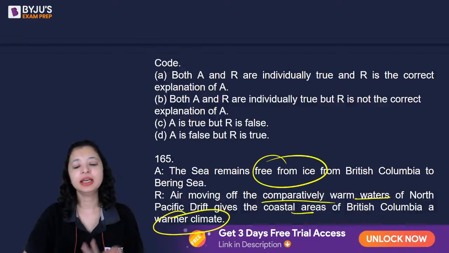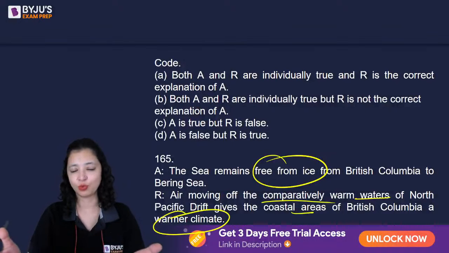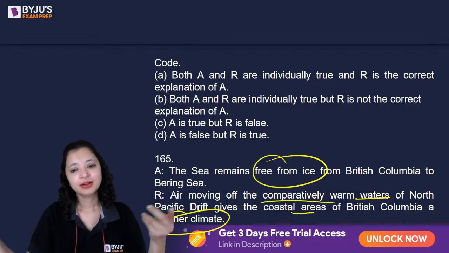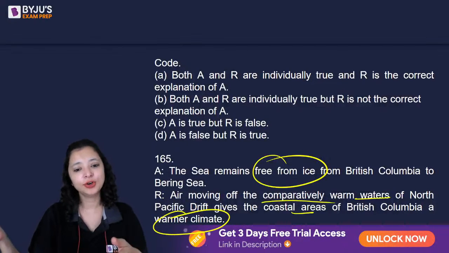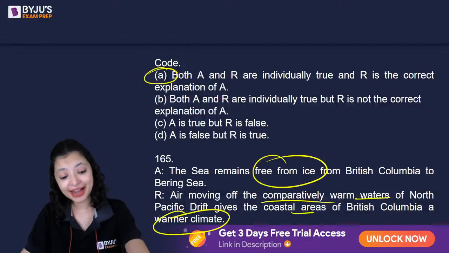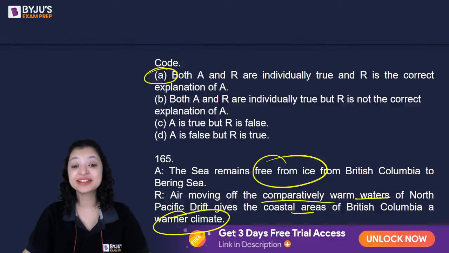Warmer climate की वजह से तो C is free from ice. Ice तो तभी होगा ना जब colder climate होगा. Because it's warmer in the British Columbia, we get C, free from ice from British Columbia to Bering Sea. Correct explanation, it's A. Both are true and B actually gives you a correct explanation of A. So the correct answer is A.